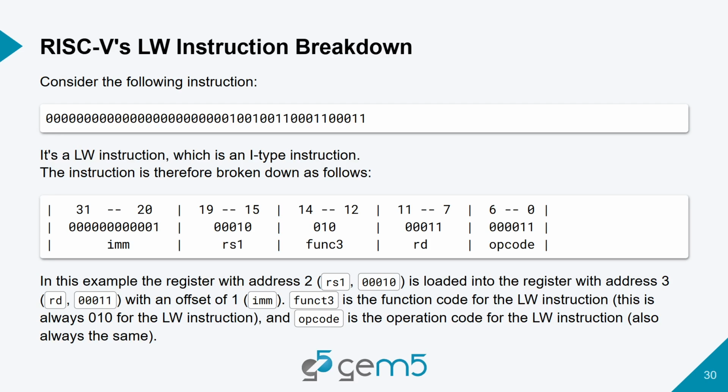So in this example, the register with address 2 is loaded into the register with address 3 with an offset of 1. Func3 is the function code for the load word instruction. This is always 0, 1, 0 for the load word instruction. And opcode is the operation code for the load instruction, also always the same. Obviously, because if it wasn't the same, it would be a different operation. That's just how the operation is defined and recognized.